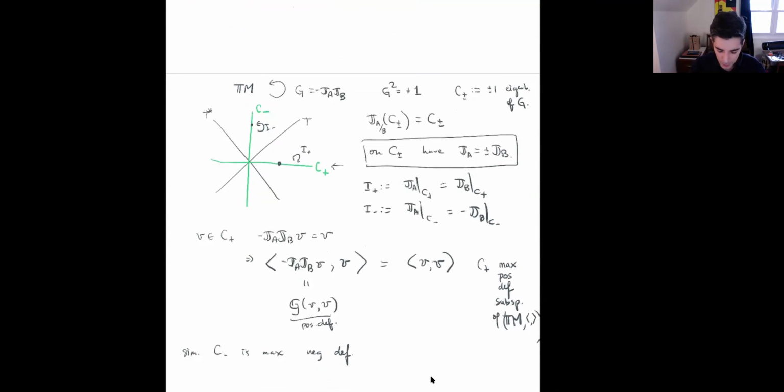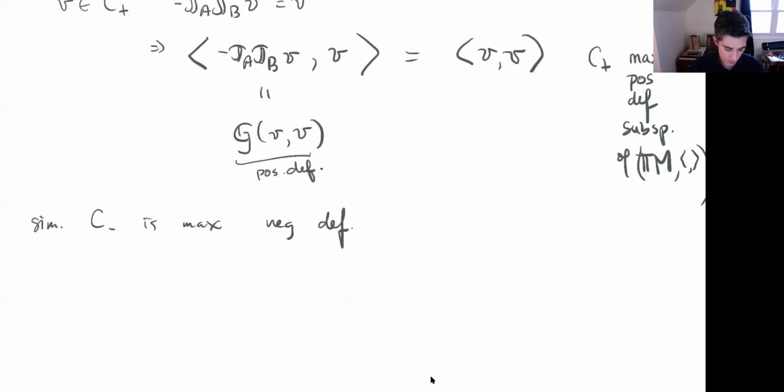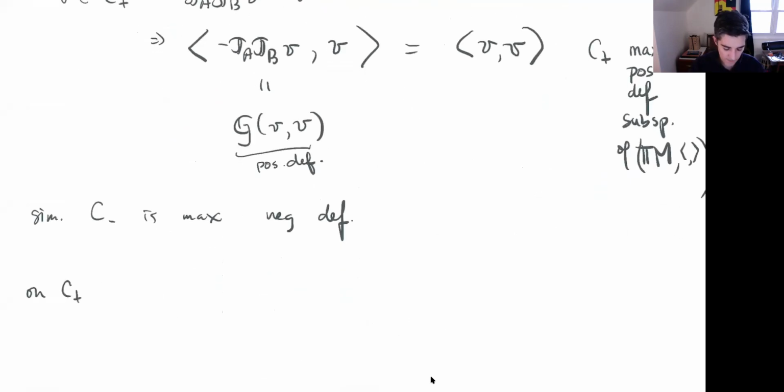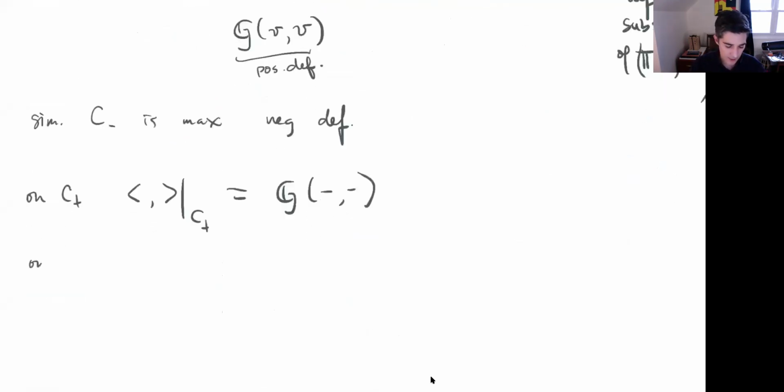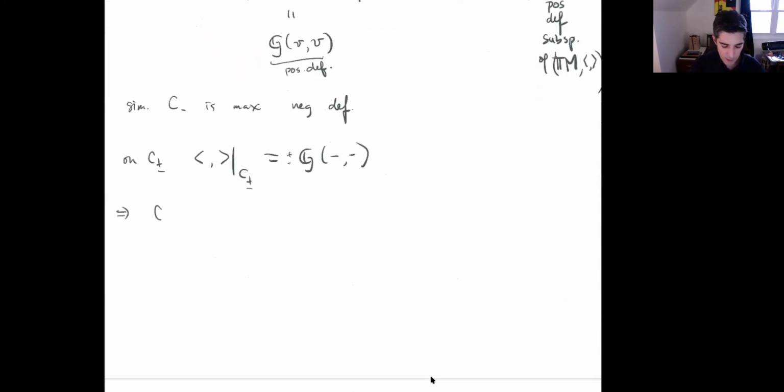So on C plus, this metric agrees with the positive definite metric, and on C minus, this inner product disagrees with the positive definite metric. So you end up with two Hermitian bundles. So this tells us that C plus and minus are both Hermitian bundles.